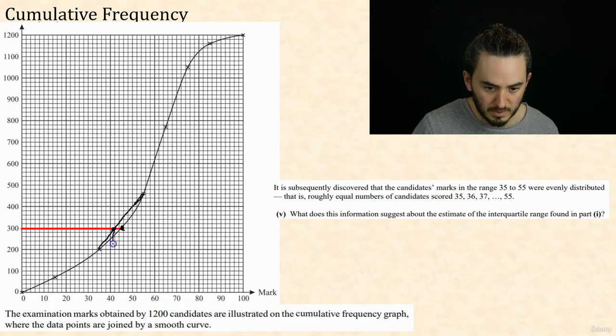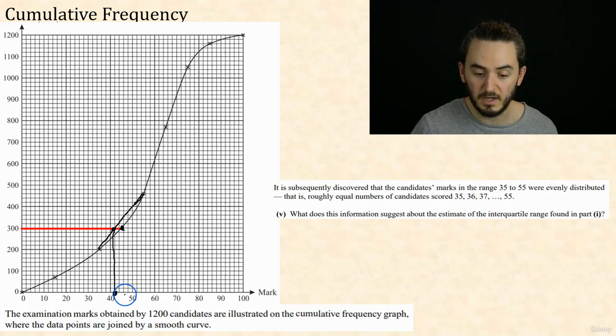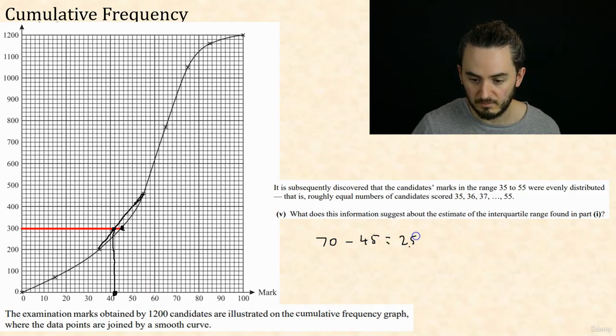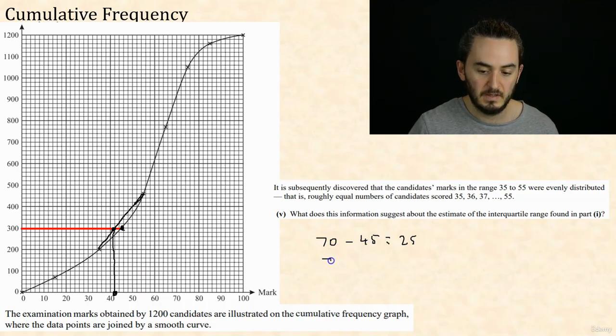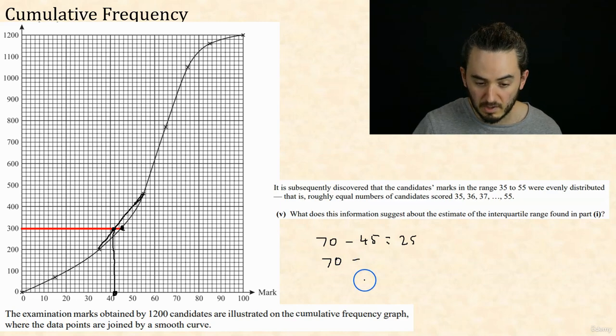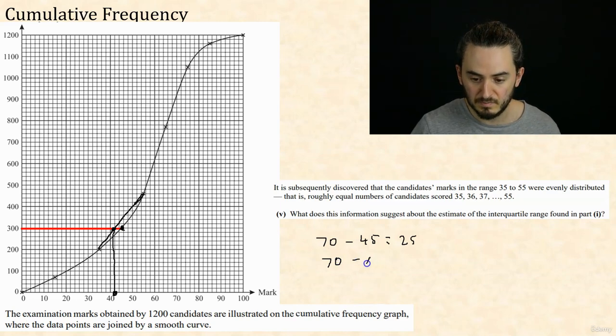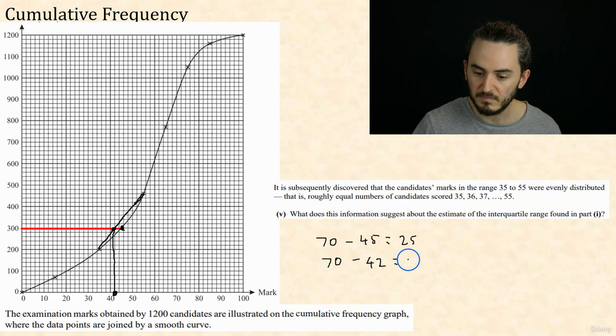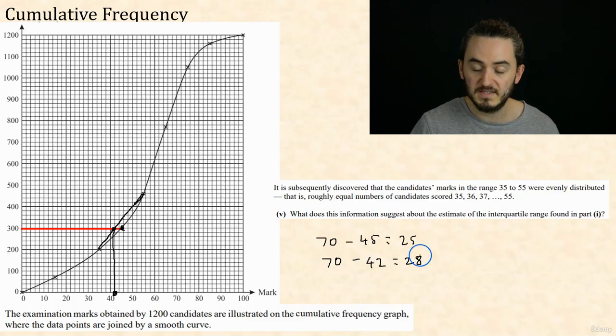And if I drew a line down from here, I would get about 42 rather than about 45. So previously I had an upper quartile of 70 and a lower quartile of 45 and got an interquartile range of 25. But now my upper quartile is unchanged, but my lower quartile is smaller. It's more like 42. So that would give me an interquartile range of 28.